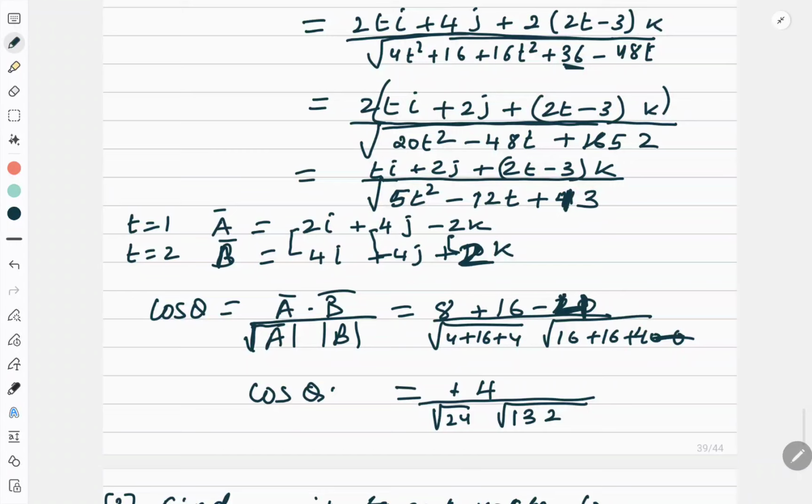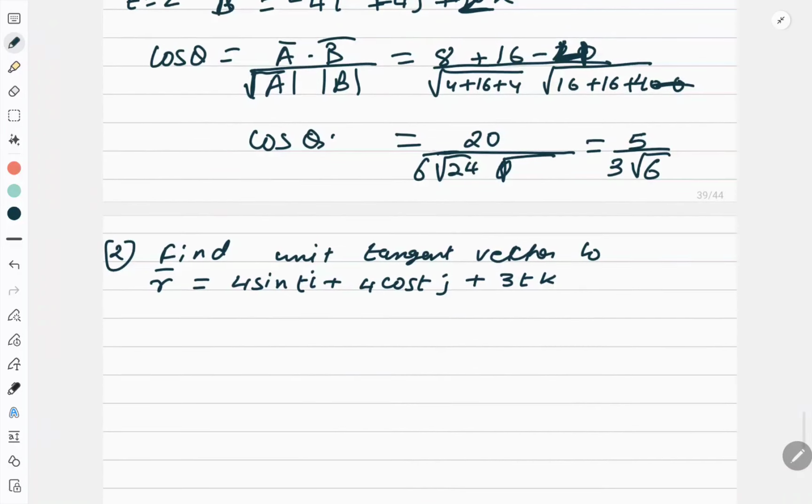So this will become cos theta is equal to, so 8 minus 4 is 4, 16 plus 4 is 20 upon, this is root 24 and this is 16 plus 4 is 20, 36, root 36 is 6. Right? So when you solve this, this is 5 upon 3 root 6. So this is the answer.